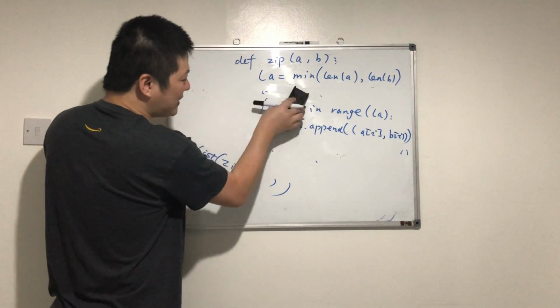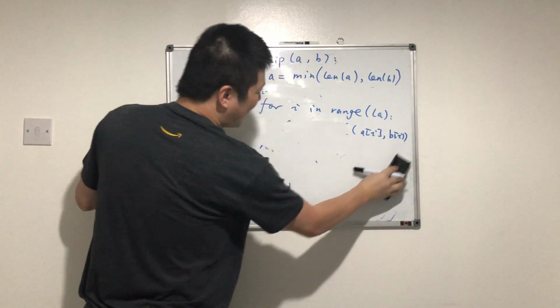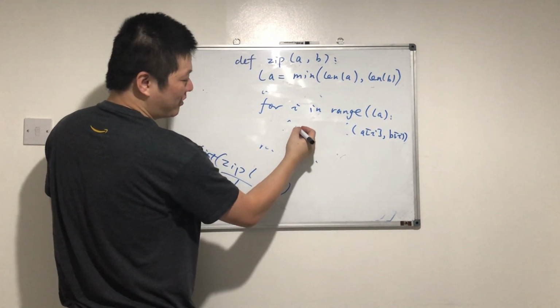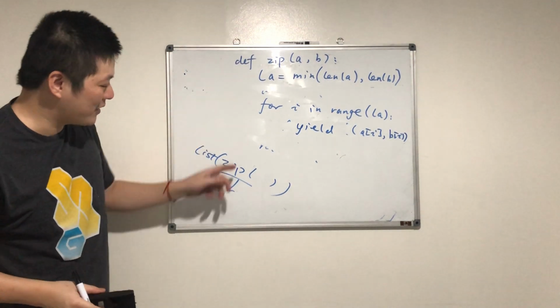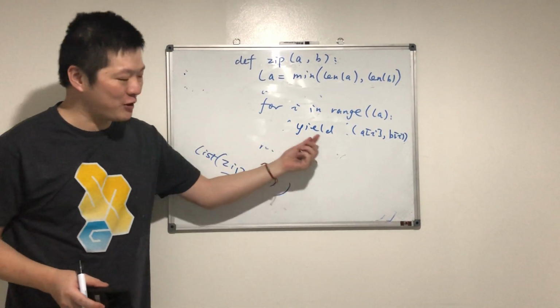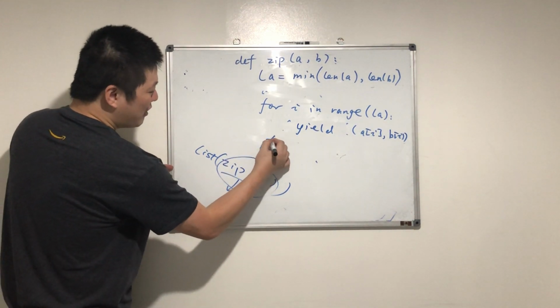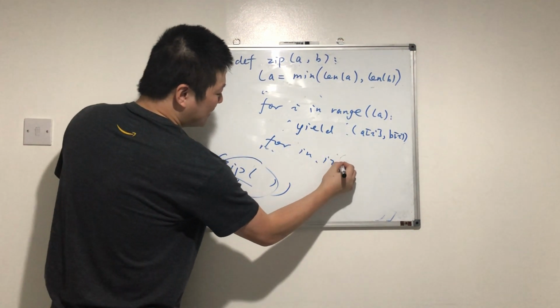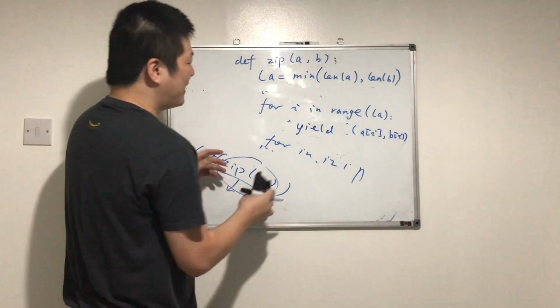So we remove this, and we call another keyword called yield. Every time I give you one element, and then you can use it with for I in zip, and every time you give me an element.